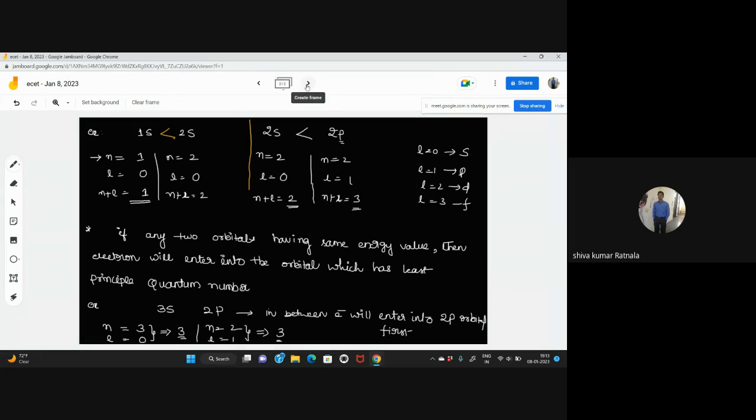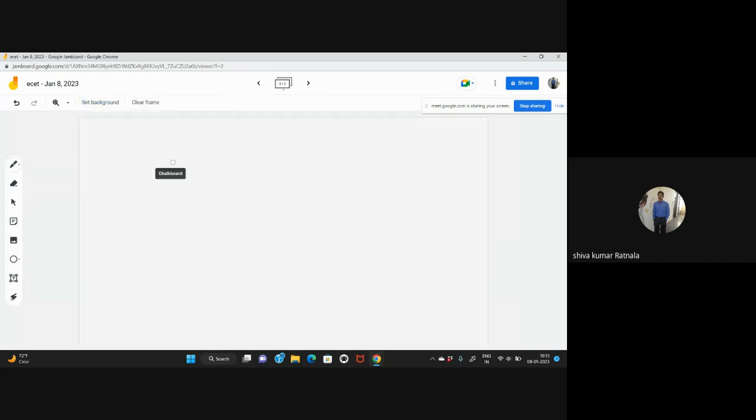So from this, to write the entire sequence, we have a simple trick for writing the electronic configuration. Let me take this: 1s, next 2s, 2p, 3s, 3p, 3d, 4s, 4p, 4d, 4f.